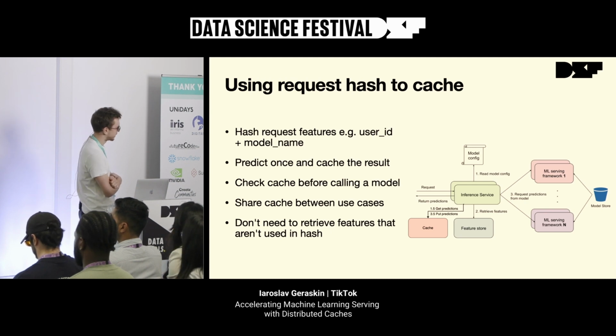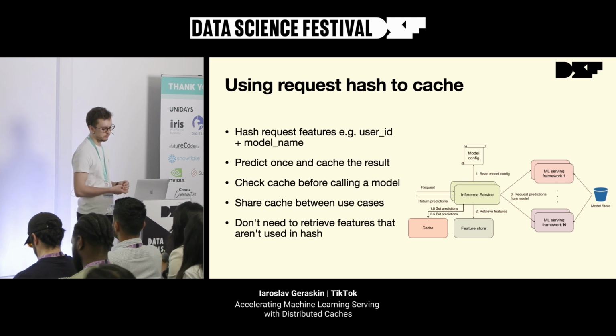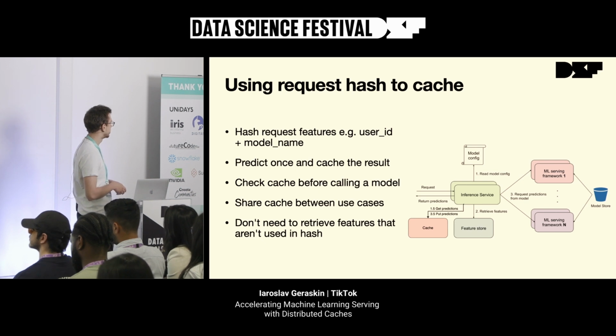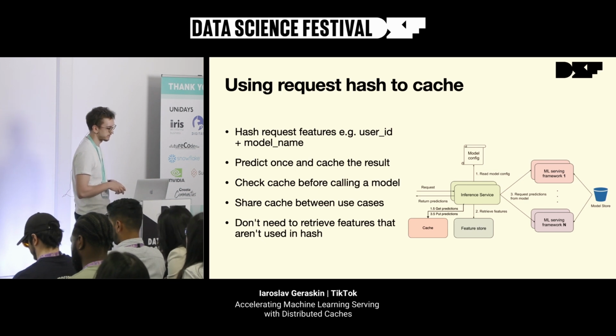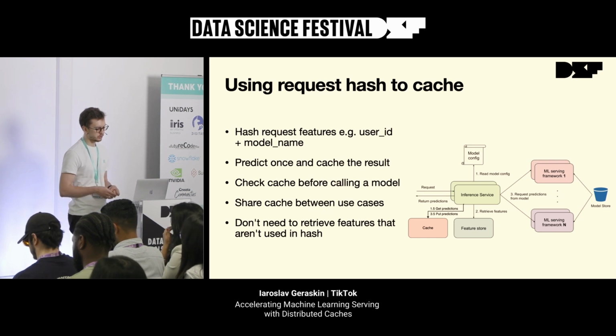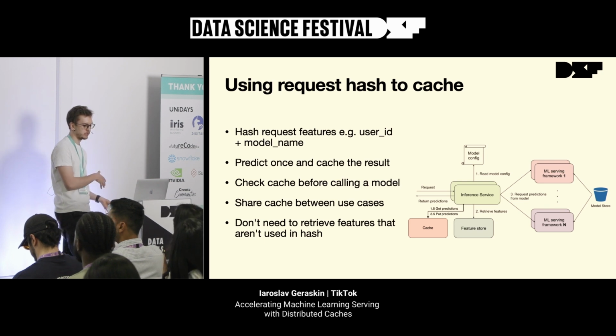It gets a new component called cache, and before fetching features and before running the computation, the inference service would check if the result for this request is already in the cache. For that, it will use some hash based on request features.